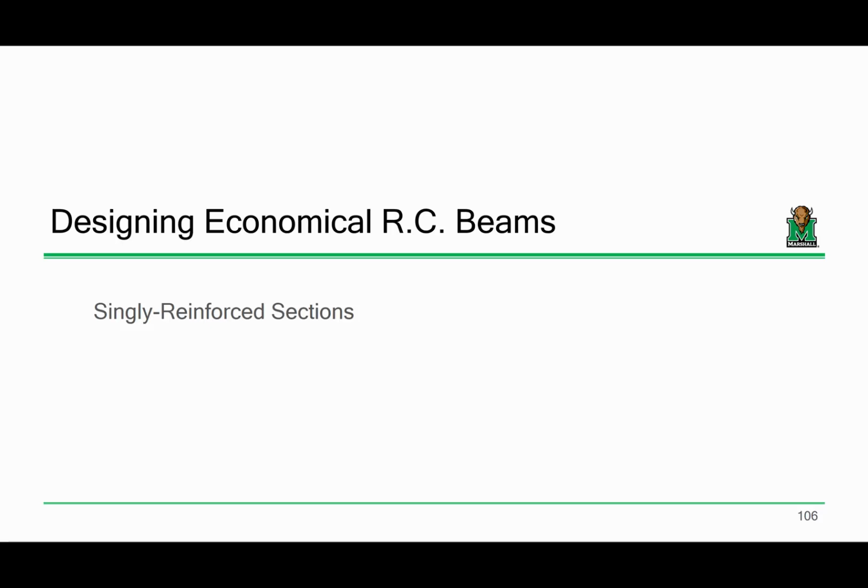So here's sort of the stage that's been set up until now, and you can see where we're headed moving forward. So we've spent the last few lectures assessing the capacity of a reinforced concrete section. The idea behind what we've been doing up until now is we've been saying, okay, here is a beam, how much capacity can it withstand?